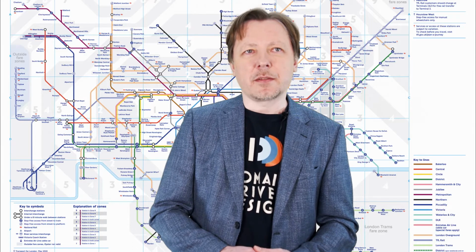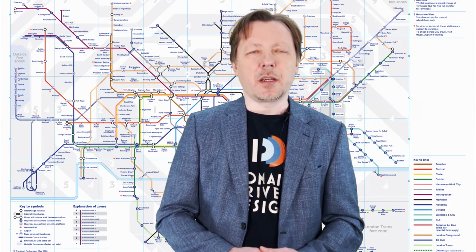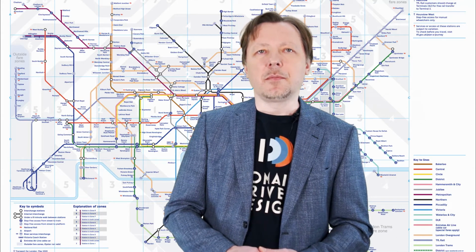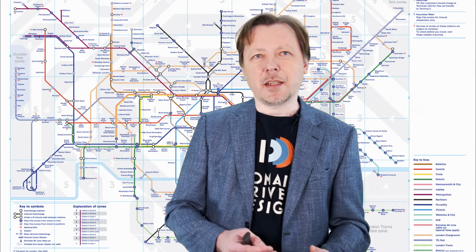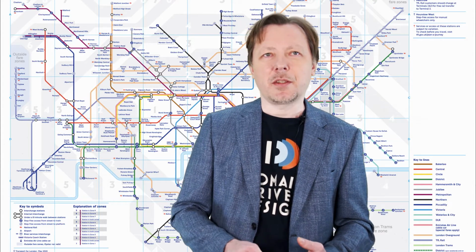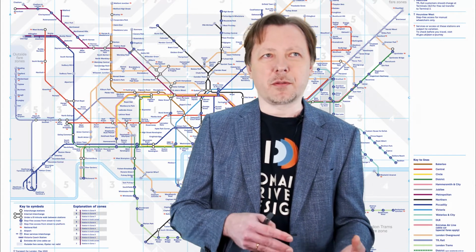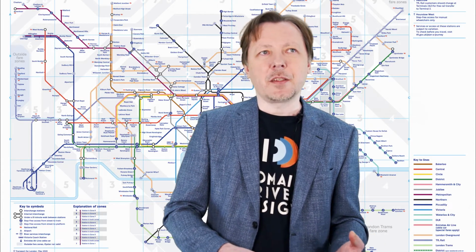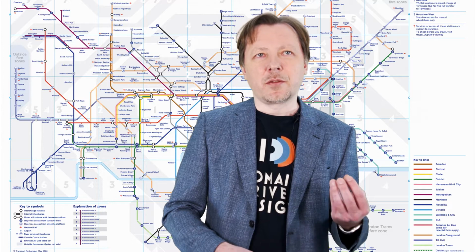If you look at this thick blue line at the bottom of the map, you can see that it represents the River Thames, but it has nothing to do with the geographical representation or placement of the river. This map is designed to solve a particular problem.